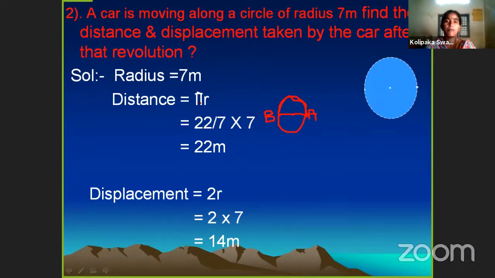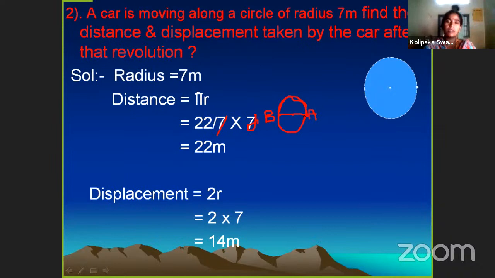Pi means 22 by 7 into r, which is 7. The 7s get cancelled, and we get 22 meters.